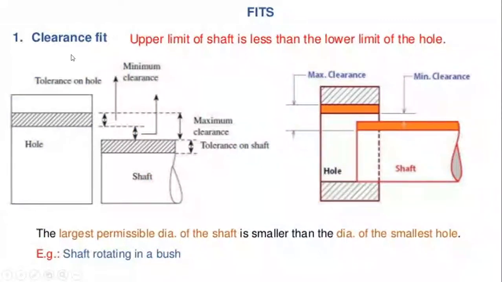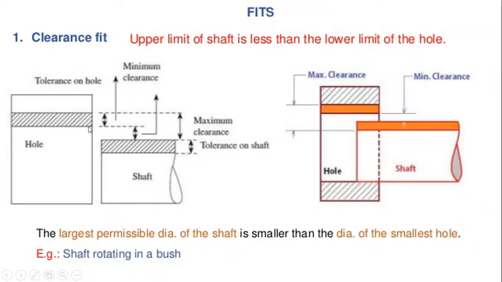First one is clearance fit. The upper limit of the shaft is less than the lower limit of the hole. This is the upper limit of the shaft, and this is the lower limit of the hole.